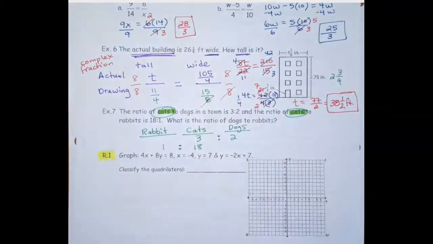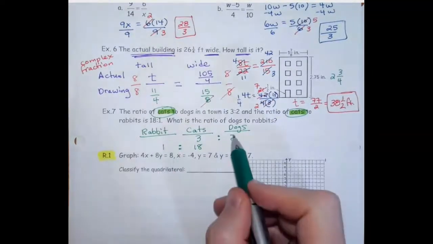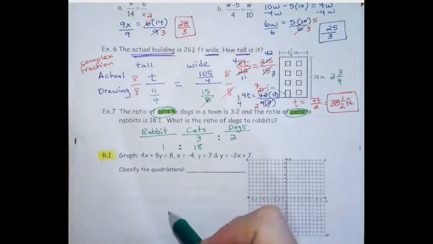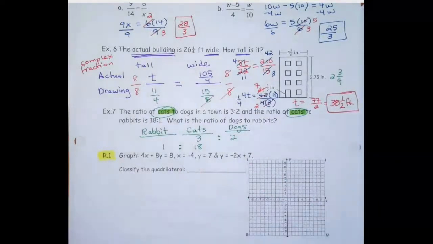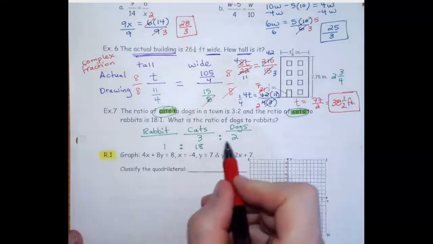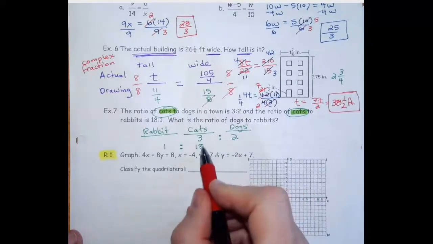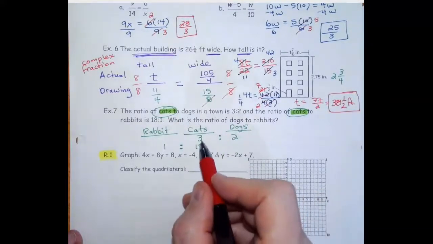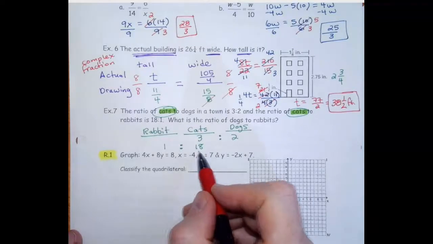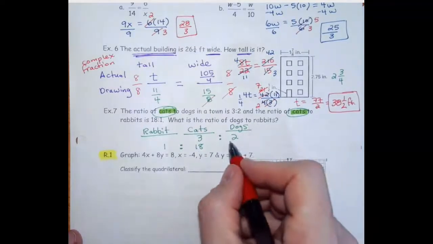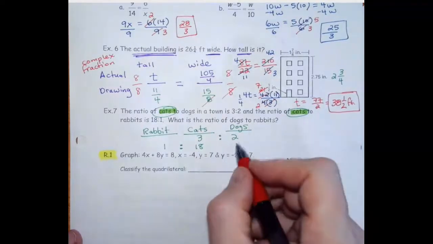Then when we want to compare dogs to rabbits, so let's take this ratio and think about that. So that's 3 to 18 and 2 to what? So let's put dogs.